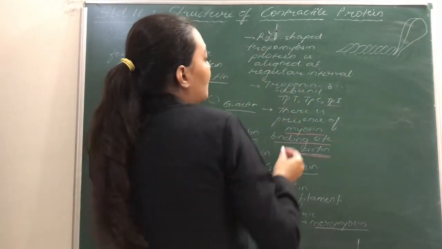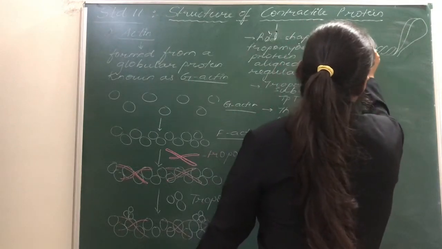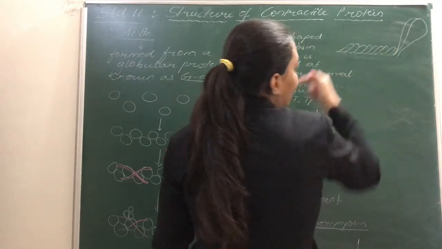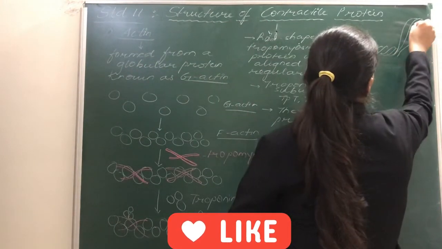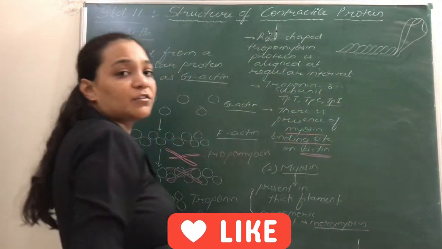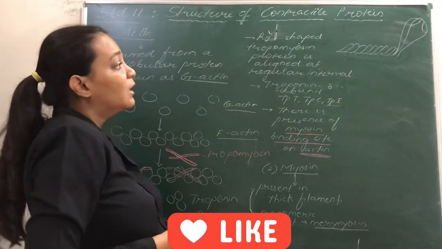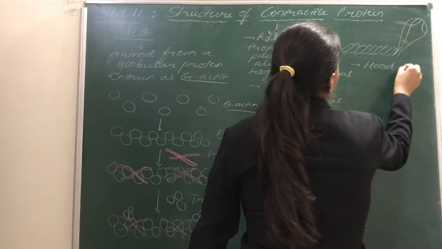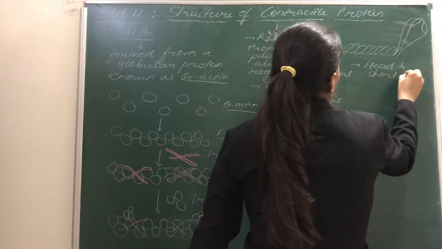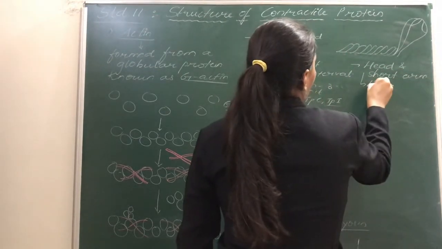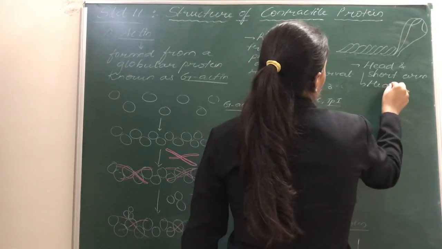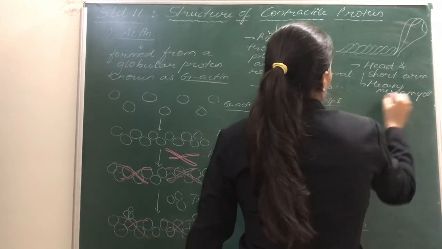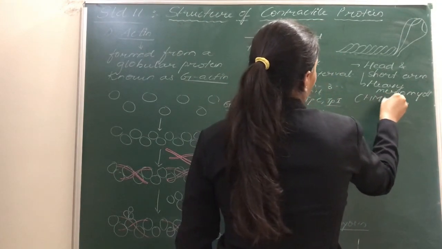So there will be a structure like this. In the structure of myosin, you will be able to observe a head-like structure and a tail-like structure. This is divided into 2 parts: the head and short arm are known as heavy meromyosin, that is HMM.